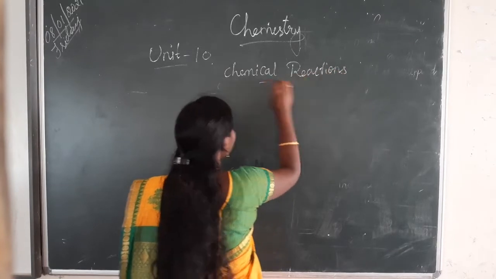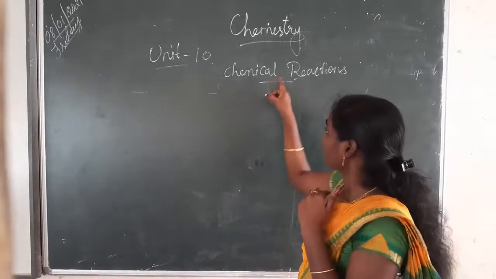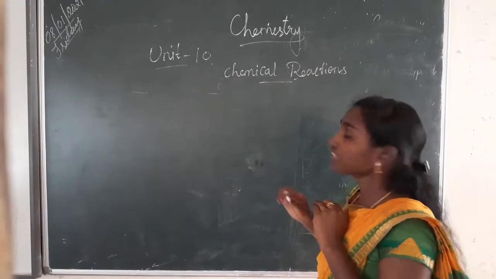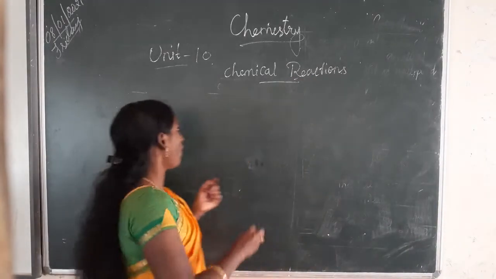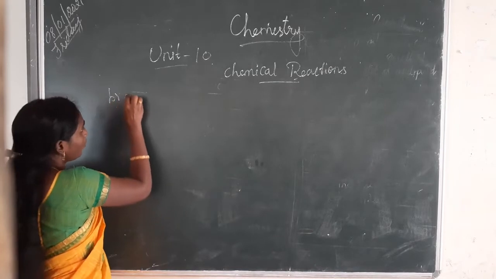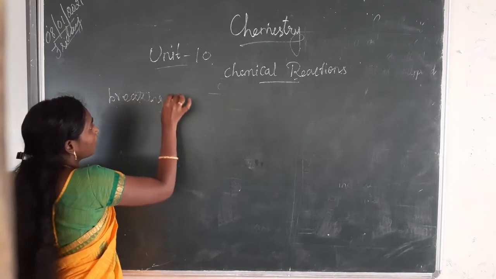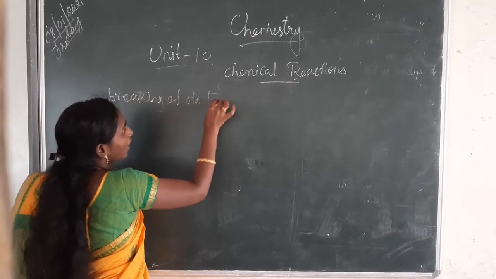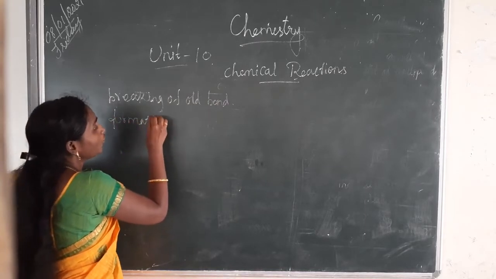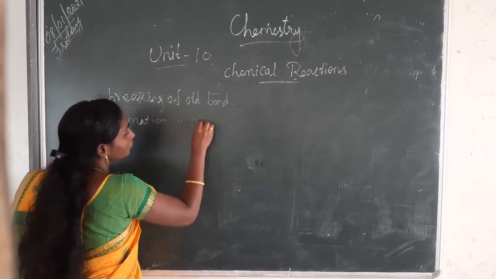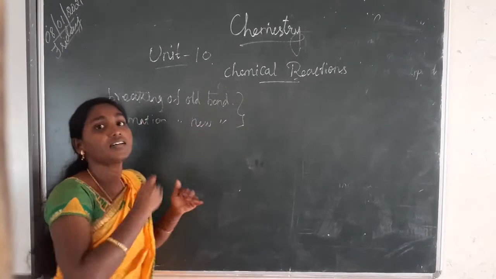Types of chemical reaction. From the heading itself, you can understand what we will study, right? What does chemical reaction mean? Breaking of old bonds and formation of new bonds due to external force.